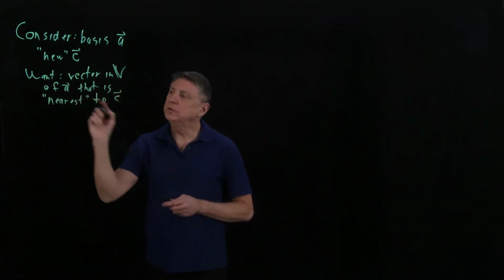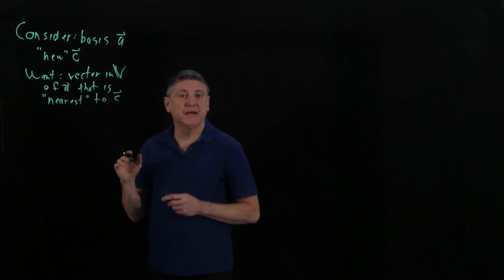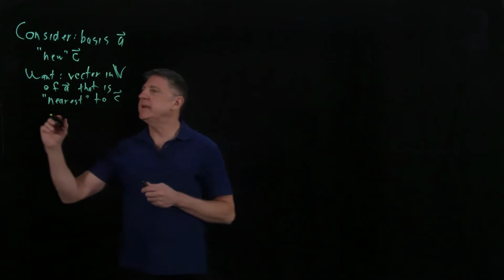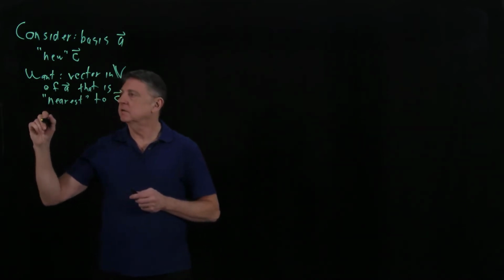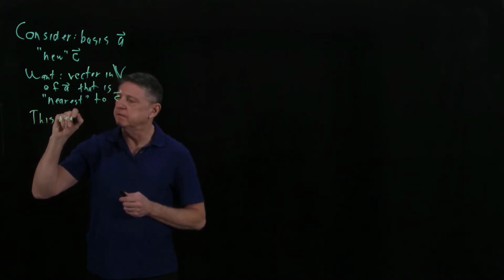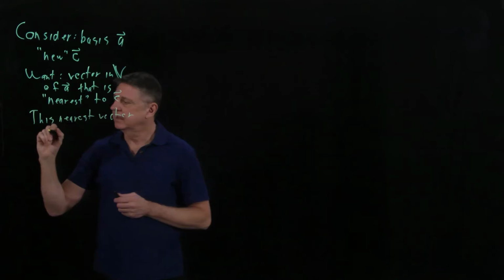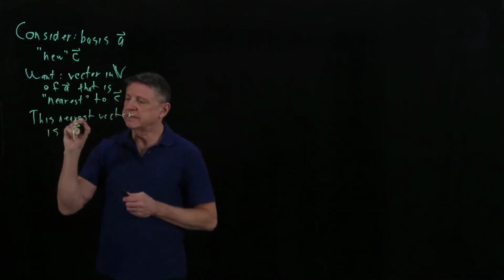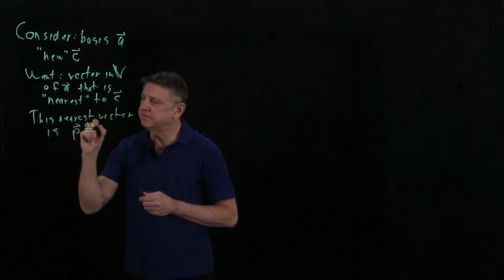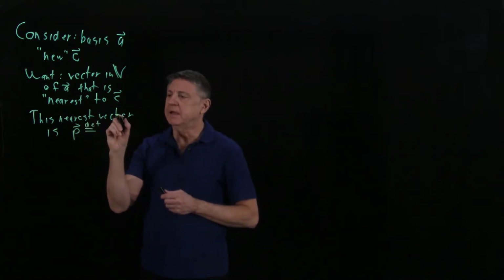And we'll define this concept of nearest geometrically, and then we'll see what that works out to in linear algebra. So we'll say that this nearest vector, we'll write that as P. And we'll say P is defined as some multiple of A. And why is that?